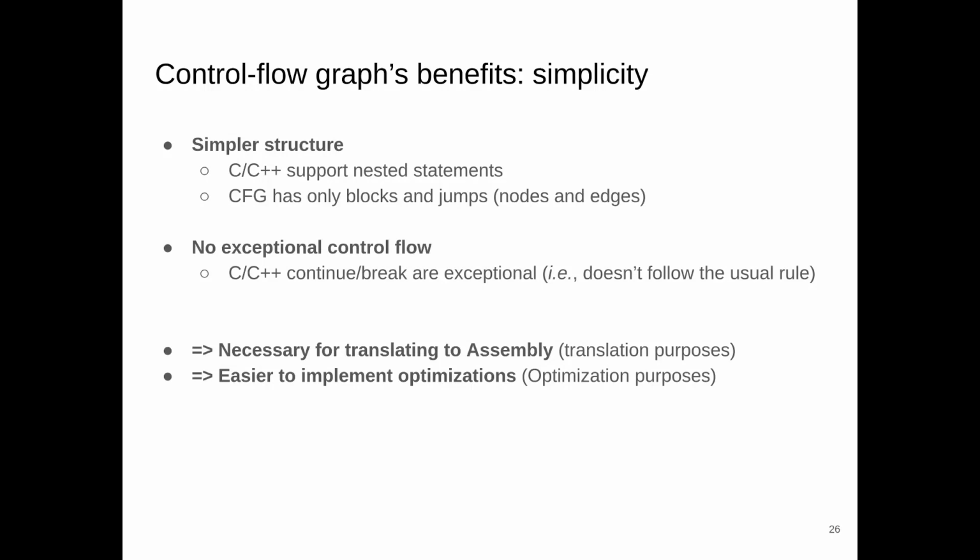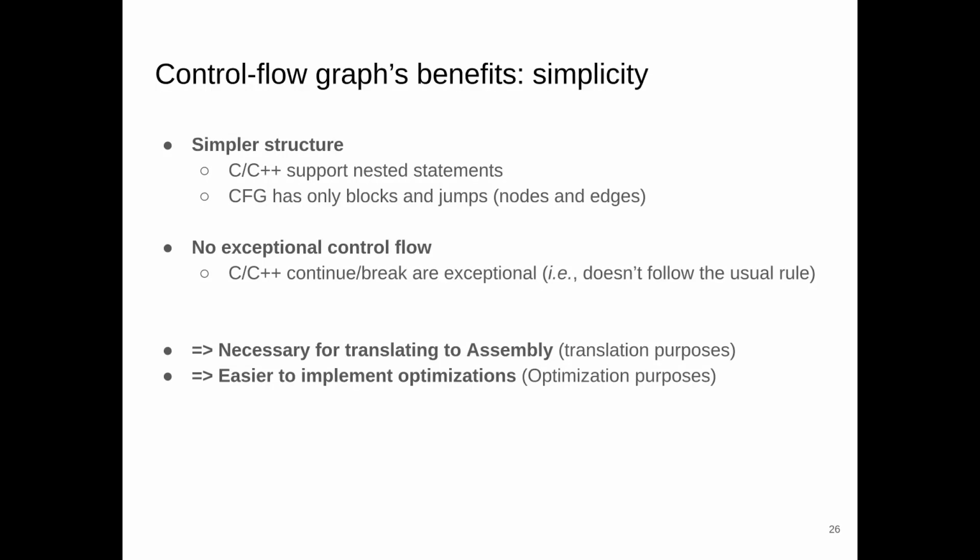So for example, in C and C++, in a for loop, you can break out or you can continue to the next iteration. So it is a little bit irregular control flow. Depending on the enclosing for or while statement, you're going to go to the first line of the loop, or you're going to just break out of the loop and go to the line right after the loop.